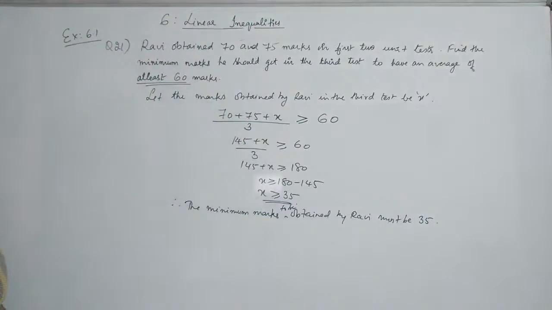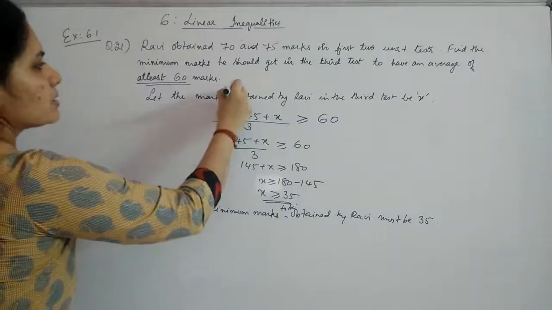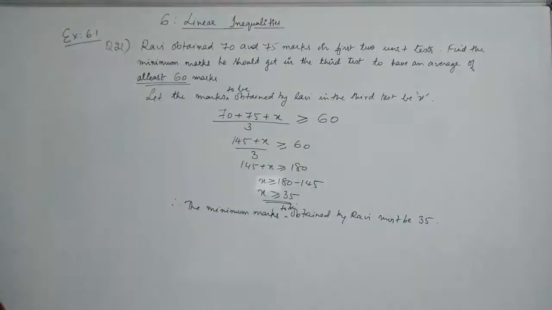Okay, it can be greater than 35 also, but minimum mark should be 35, which he should get. Okay, to be obtained, it is not obtained, he has to get that mark. Okay.